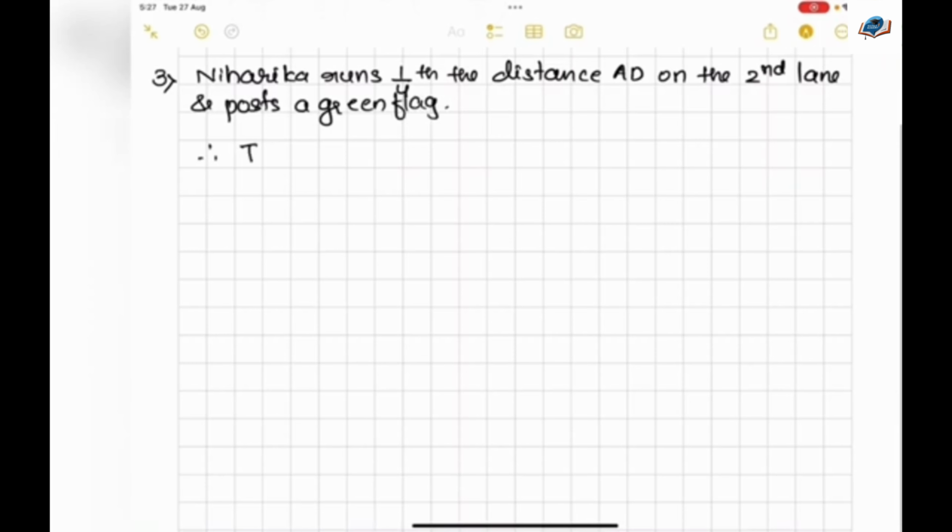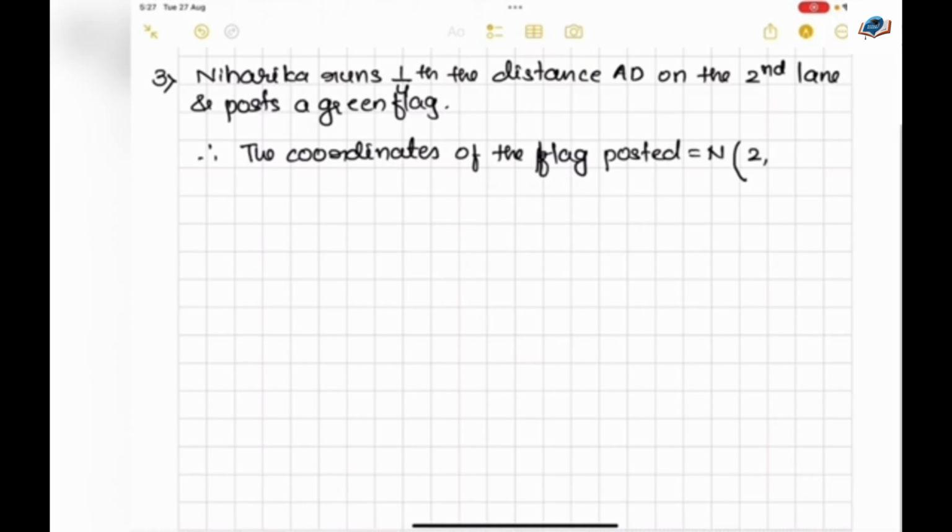Therefore, the coordinates of the flag posted will be equal to N. See, on the second lane she was running 1/4 of 100. She was running in the second lane and 1/4 she ran. So N (2, 25).